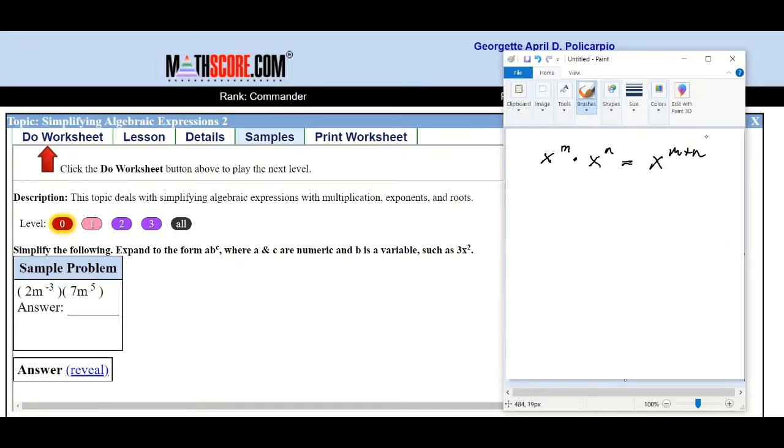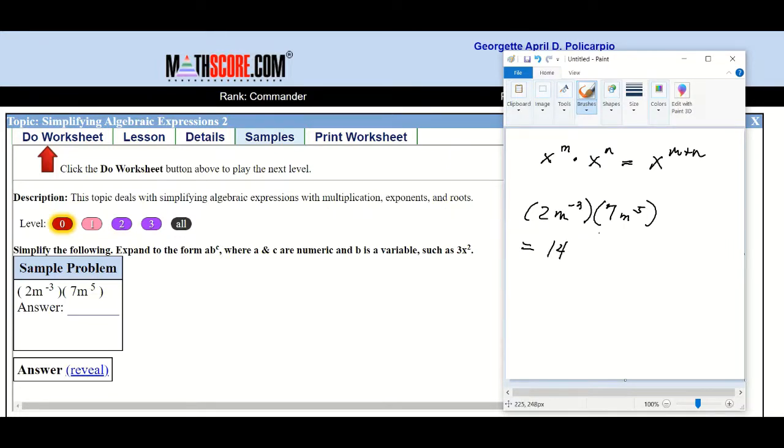No, so on our first given, we have 2m raised to the negative 3 times 7m raised to the 5th. No, so applying natin yung laws of exponents. Preferably, sasagutan nyo to kapag natapos na lahat ng ating laws of exponents na discussion. No? So, we multiply the numericals, 2 times 7.